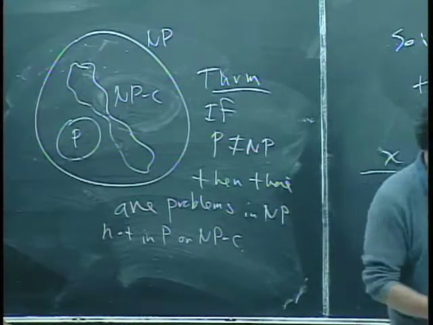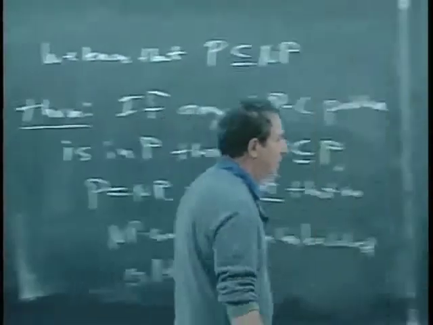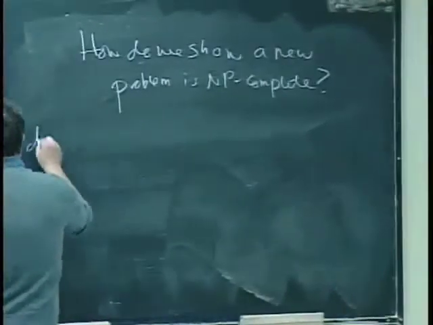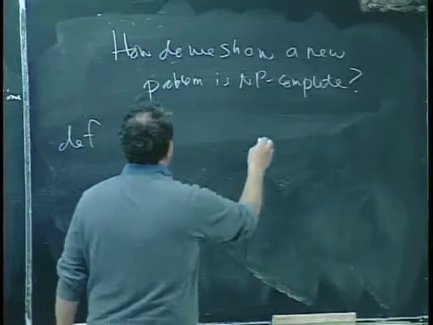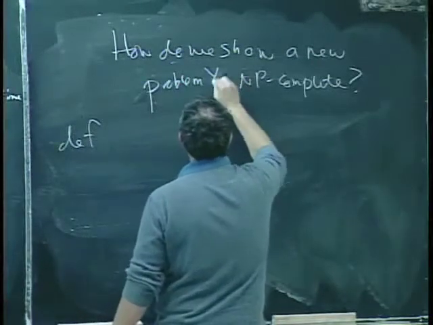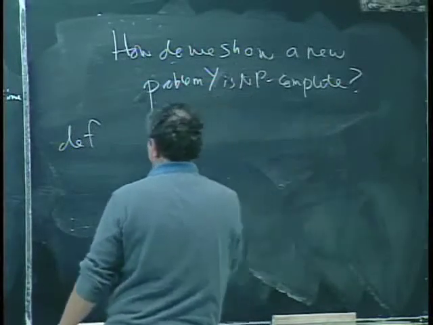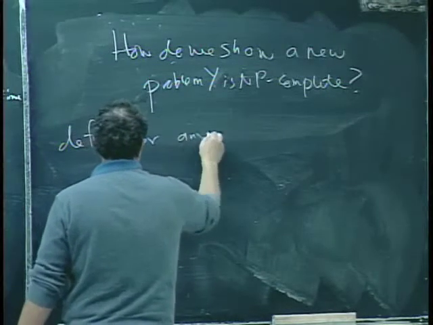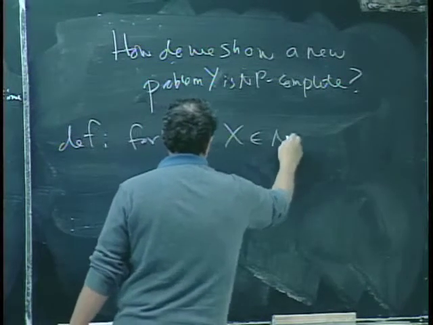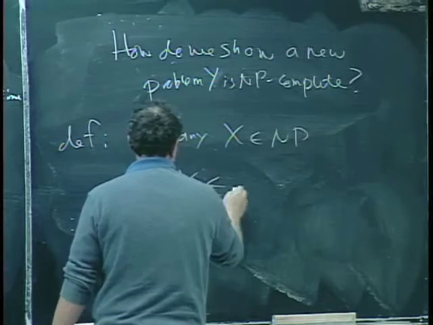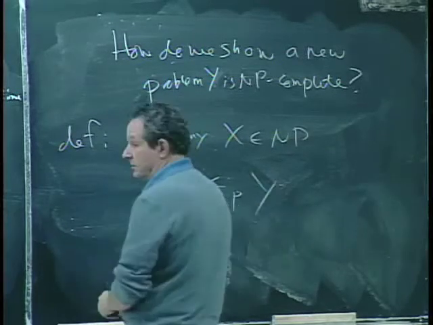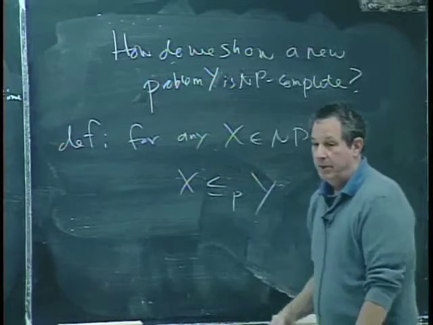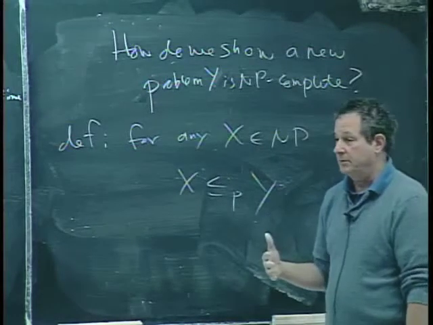But the second part is that, by the definition, how do you show a new problem, call it Y, is NP-complete? The second thing is that for any X in NP, X reduces in polynomial time to Y. But you know some NP-complete problems.